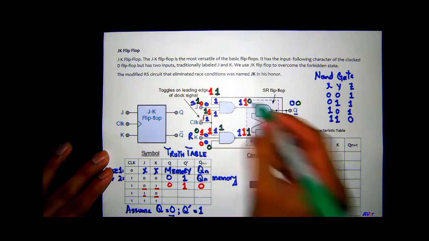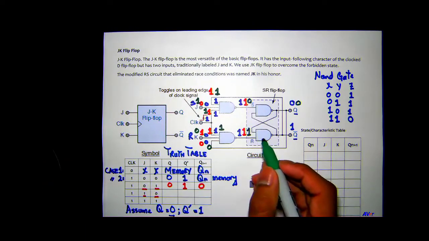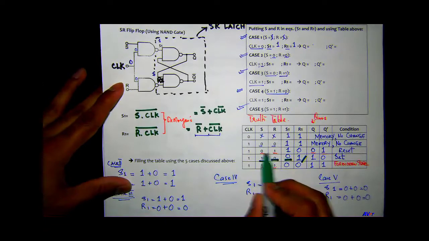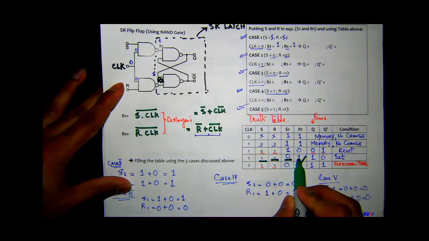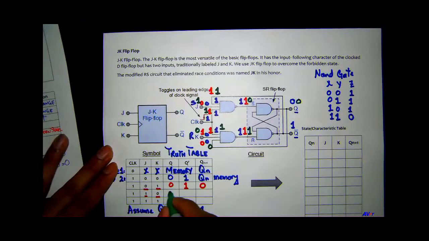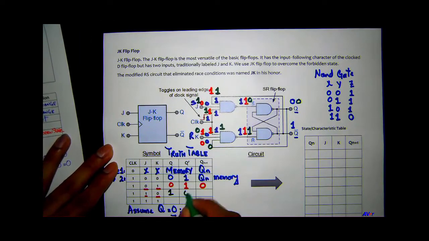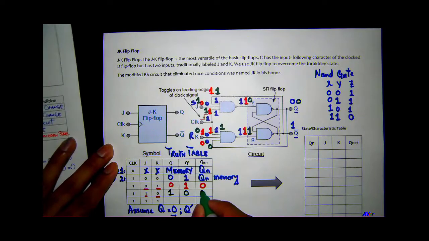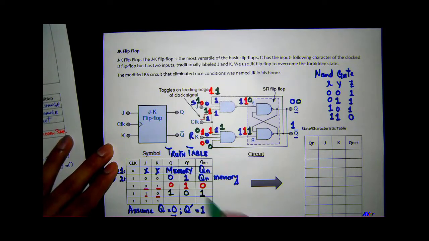So when S is 0, R is 1. Let's look at the truth table again. When S is 0, R is 1, Q is 1, Q naught is 0. So you get 1 here, 0 here, so Q(n+1) would be 1.